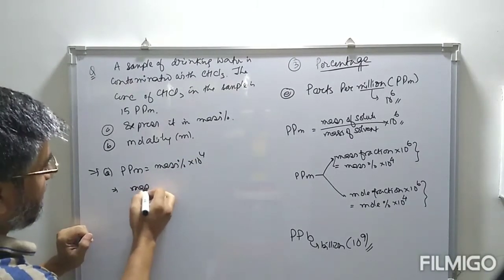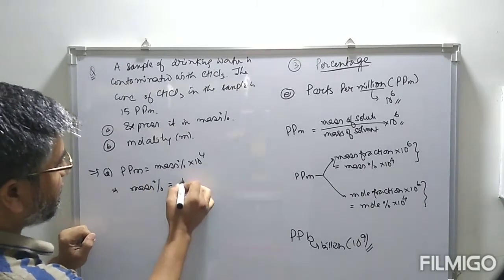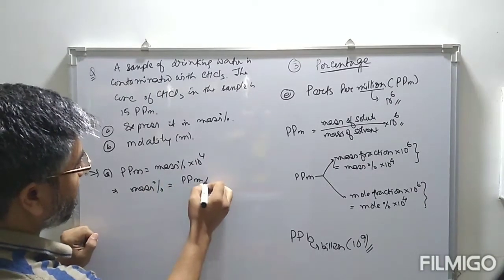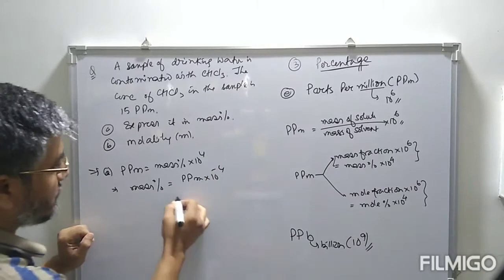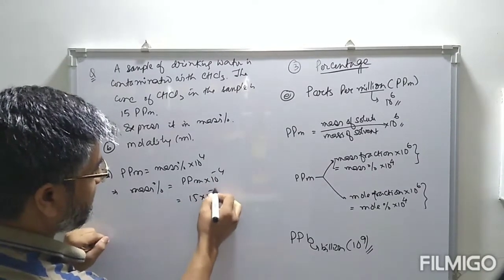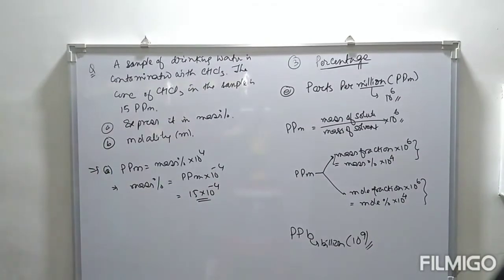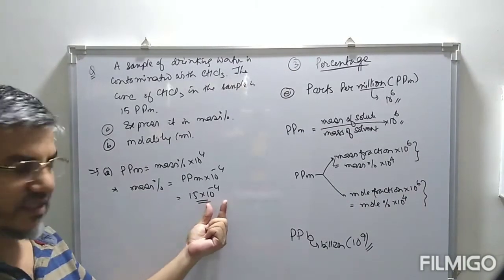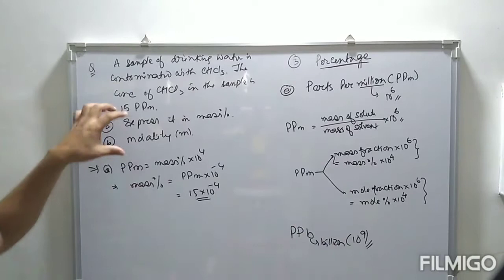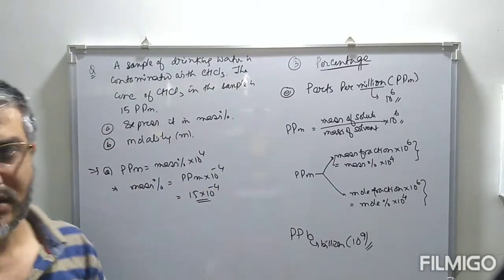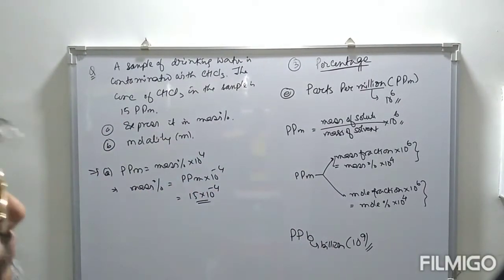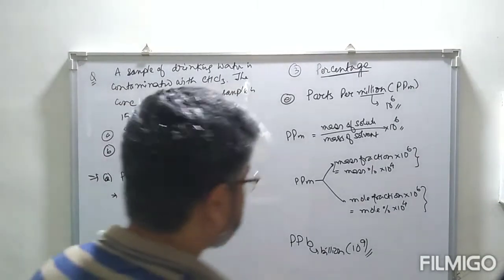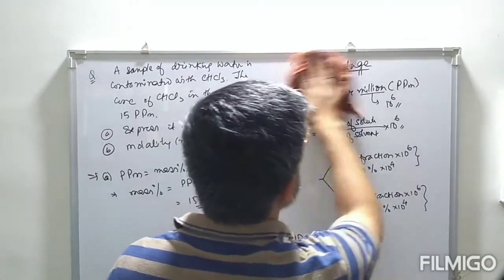Therefore, mass percent is equal to ppm into 10 to the power minus 4. So it is 15 into 10 to the power minus 4. That means 15 into 10 to the power minus 4 gram of chloroform is present in 100 gram of solution.